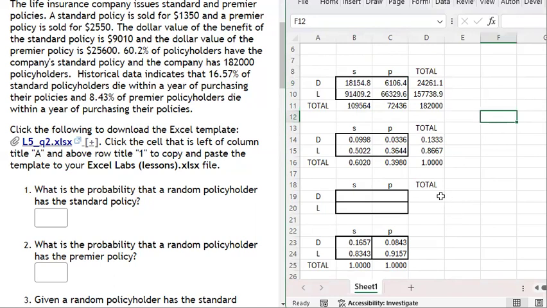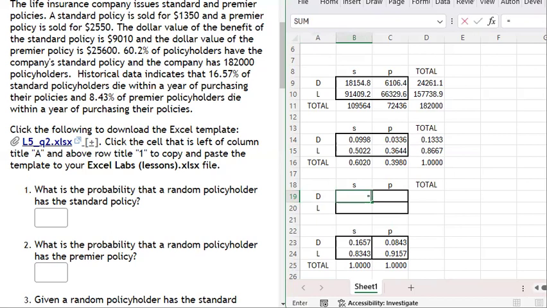Now, the last thing we have to do is calculate these conditional probabilities, right? This is the probability of S given D, right? Because we're going in rows. So we're kind of holding the D constant, right? We're only looking at the Ds, the people who die within a year of buying a policy, right?